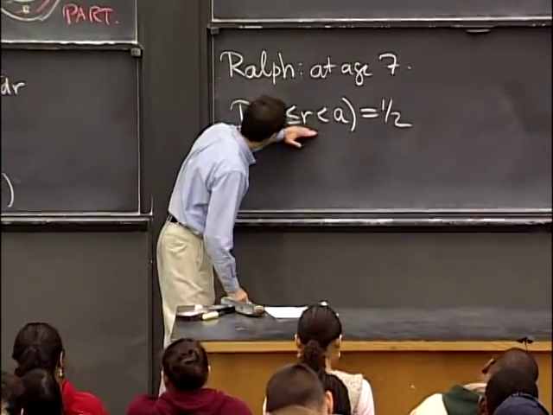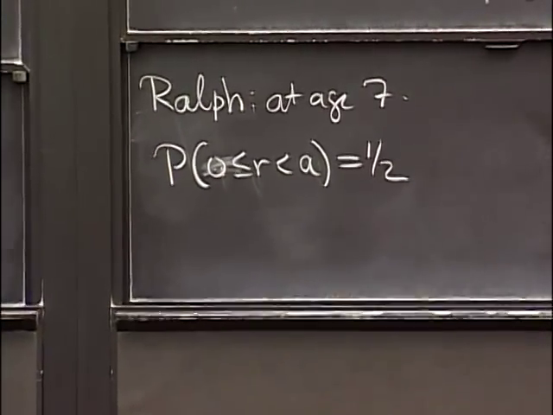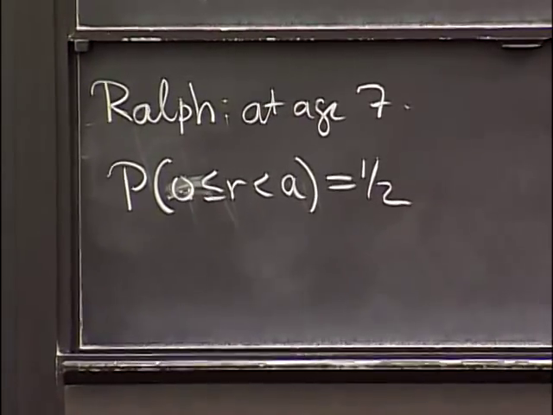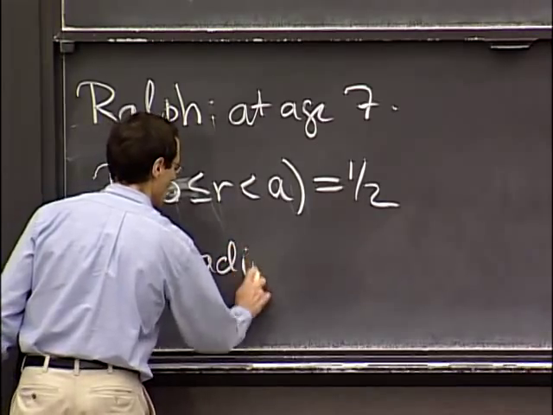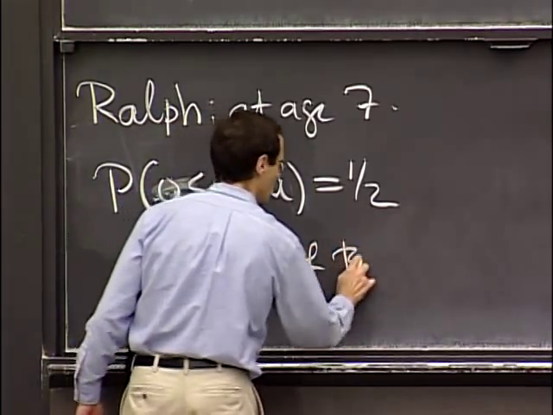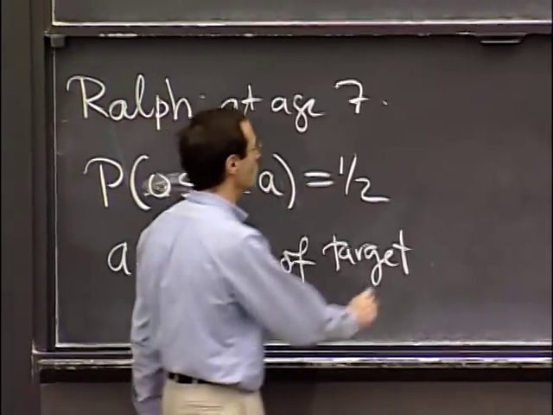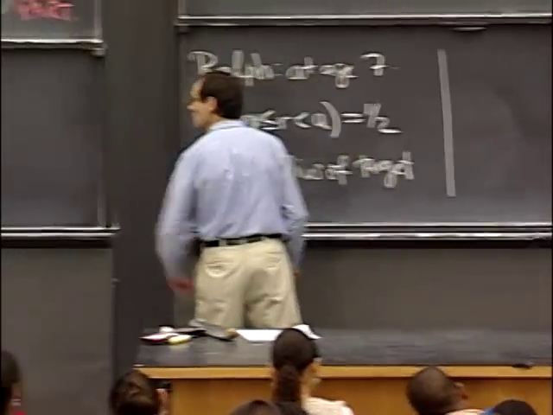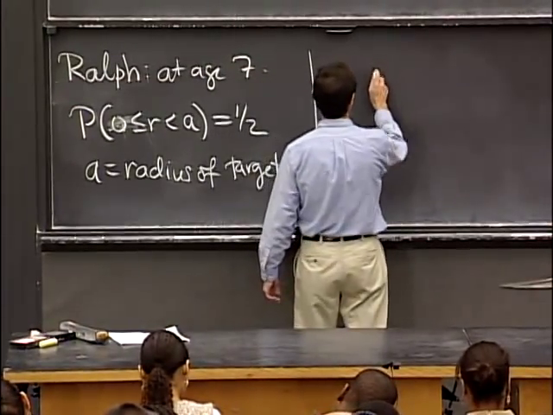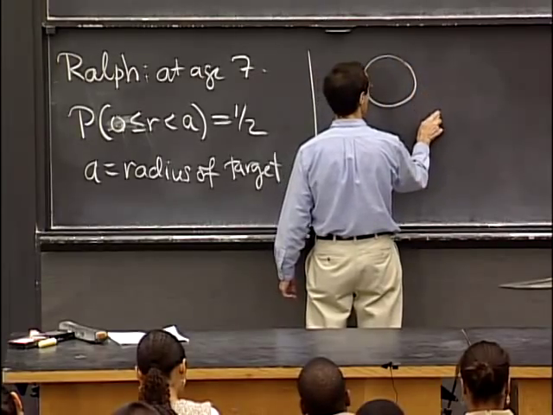All right, so here's the extra assumption that I want to make. A is going to be the radius of the target. The other realistic assumption is where this little kid would be standing, and here I want to get very specific and just do the computation in one case.